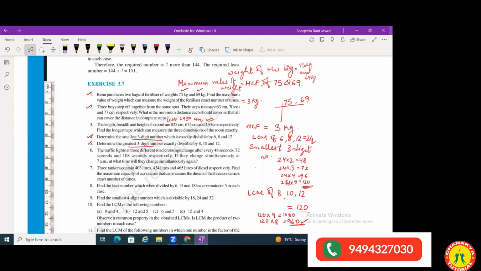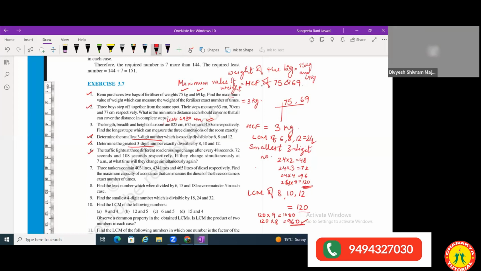Okay, now let's see question number 6. Divesh, please read question number 6. Okay, ma'am. The traffic lights at 3 different road crossings change after every 48 seconds, 72 seconds, and 108 seconds, respectively.